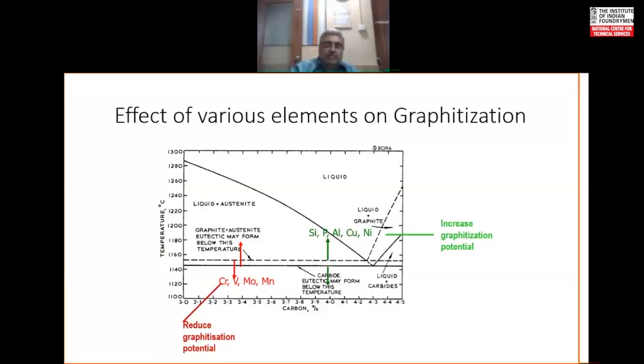There is a good chance that you have cementite and more pearlite coming in. While silicon, phosphorus, aluminum, copper, nickel are the ones which lift up the graphite line and press down the Fe3C line, the cementite line, so they will promote graphitization.